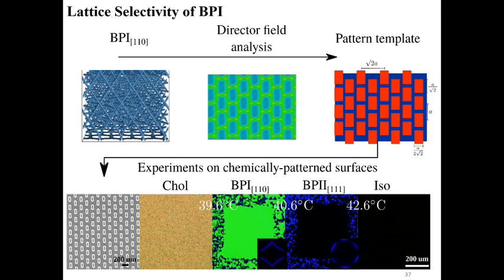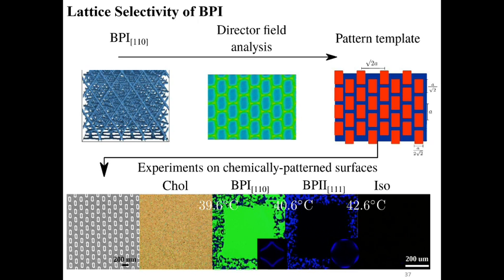So we apply the same mechanism to blue phase 1 by carefully designing the pattern applied to the material, and we have this diamond-shaped Kossel diagram to indicate that the blue phase 1 110 lattice orientation was stabilized right on the pattern area.